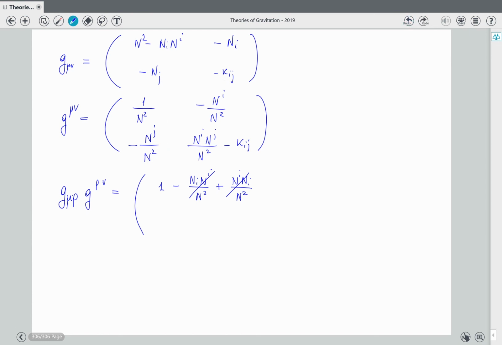So we have minus N^j divided by N squared minus κ^{ij}, so plus κ^{ji} N_i divided by N squared.